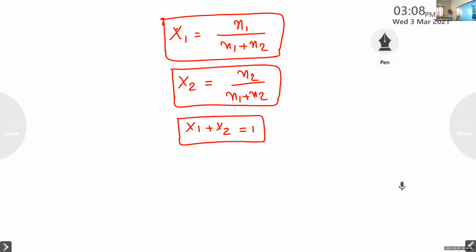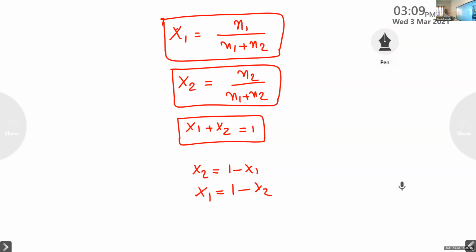Say for example, if x1 is known, then x2 is equal to 1 minus x1. Or if x2 is known, then x1 is equal to 1 minus x2. So these are the equations to be remembered.